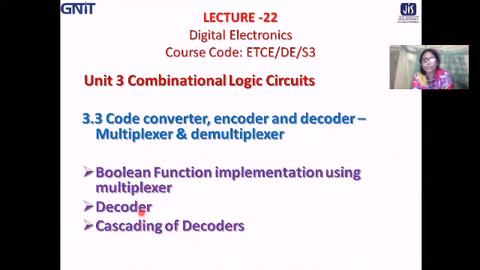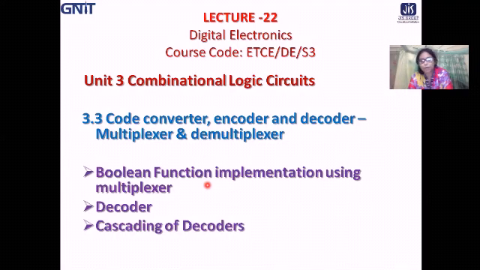Now, before starting today's lecture number 22, let us have a quick recap of the previous lectures. So, starting from lecture number 1, we have seen how our syllabus is going and also the course objectives. Which course objectives will be fulfilled in which unit? All this we have discussed from the first lecture.